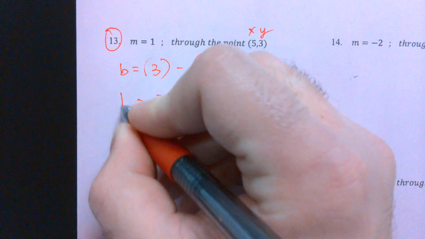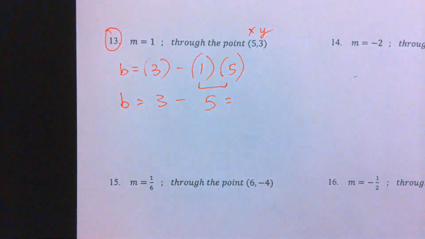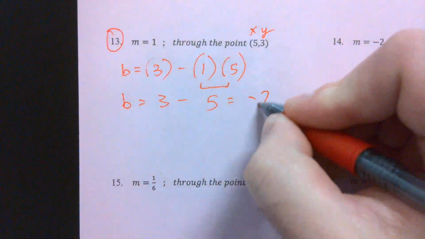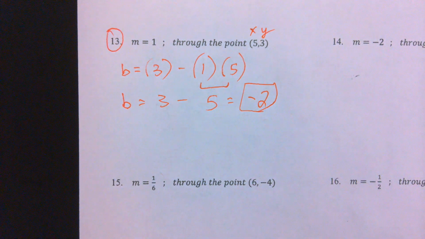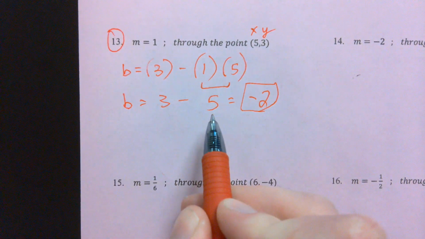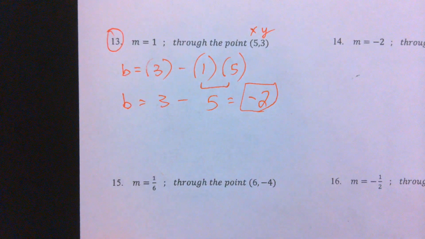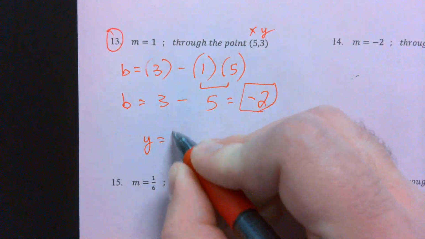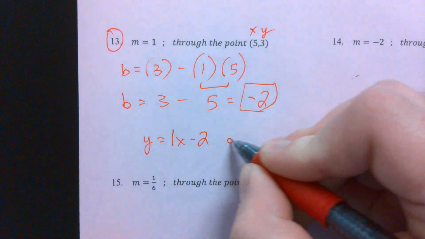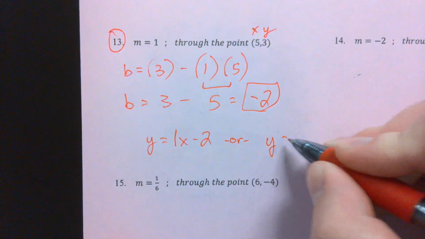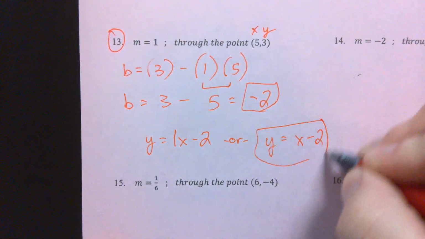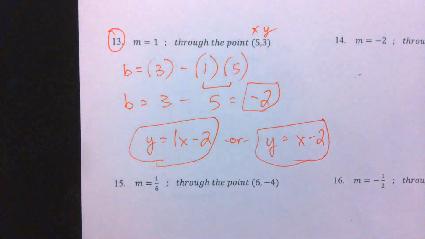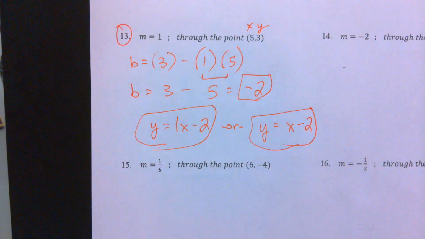And 3 minus 5 gives me what? Negative 2. Perfect. Whenever you're subtracting a larger number, your answer will be negative. Right? So our equation, y is equal to 1x minus 2. Or we can write y is equal to x minus 2. Either one is fine with me. I don't care.